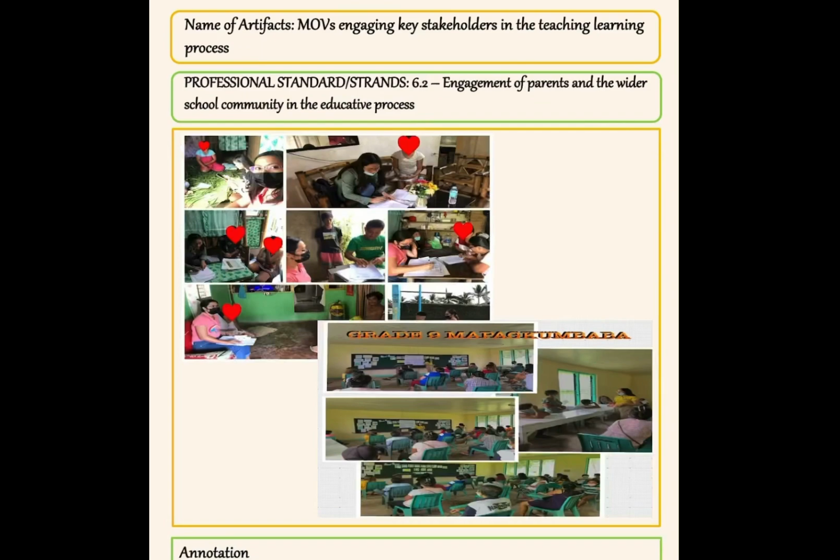Its professional standard strand is engagement of parents and the wider school community in the educative process. So, eto. So, paano natin na-engage yung parents and the wider school community in the learning process? So, ito yung mga activities na nilagay namin dito. Then, don't forget the annotation.